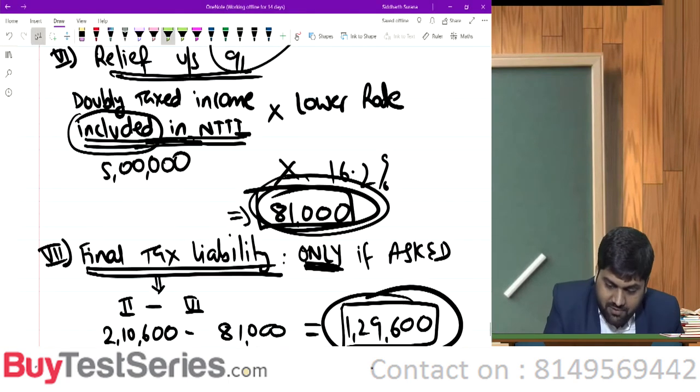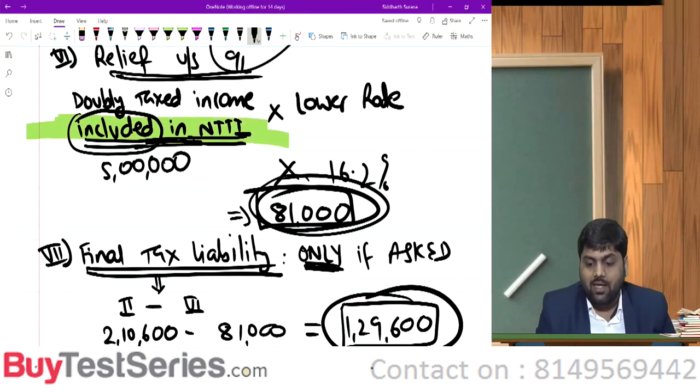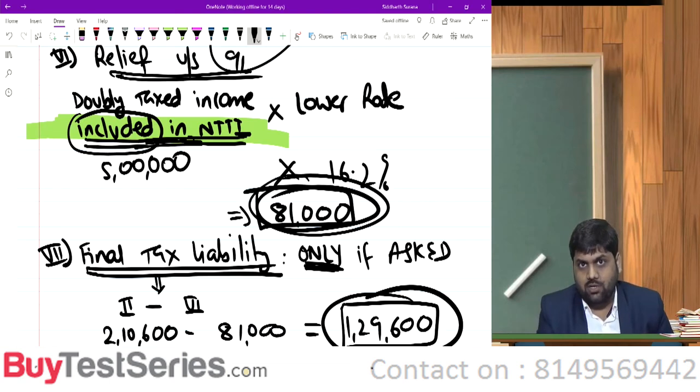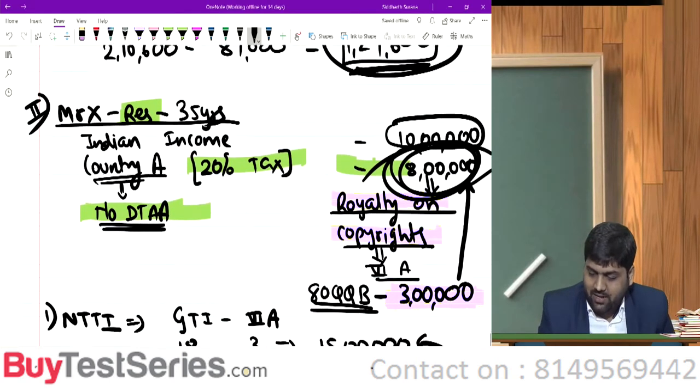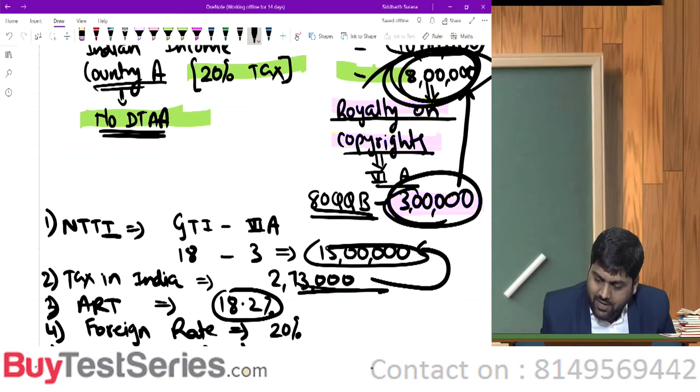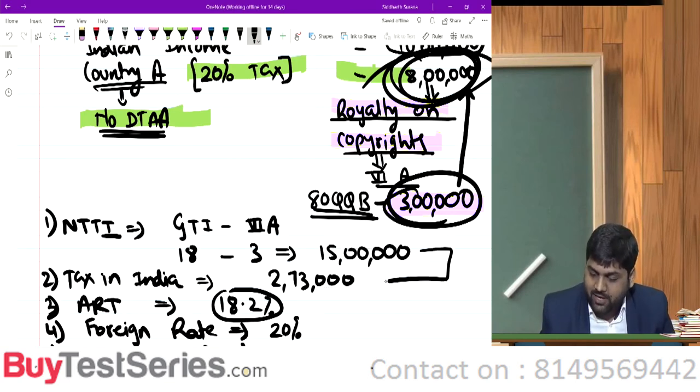Because relief will be available on the doubly taxed income included in NTTI. Agreed that in the foreign country you have paid tax on 8 lakh. But when you came to India, against that 8 lakh, you ended up taking a chapter 6A deduction of 3 lakh.